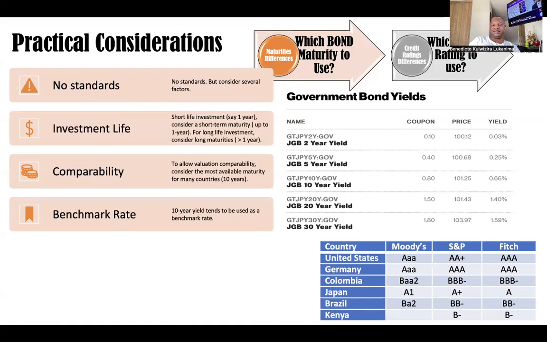For Germany, all of them are consistent. For Colombia, Baa2, BB- and BB- are different. Japan, A1, A+, are different. So which one to use?